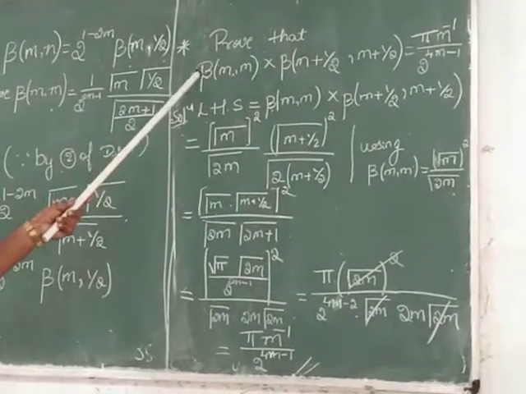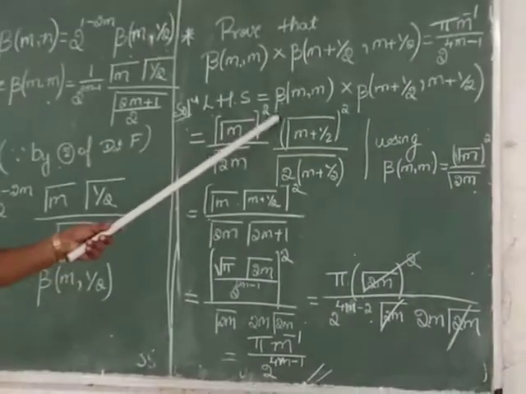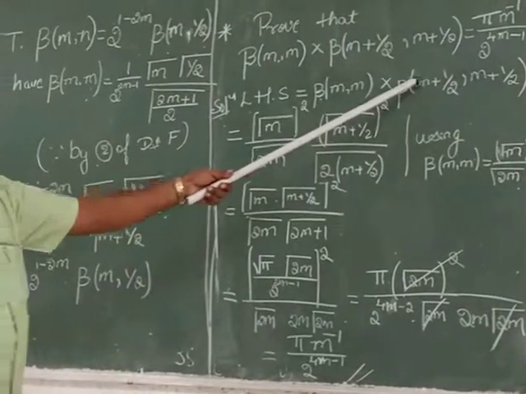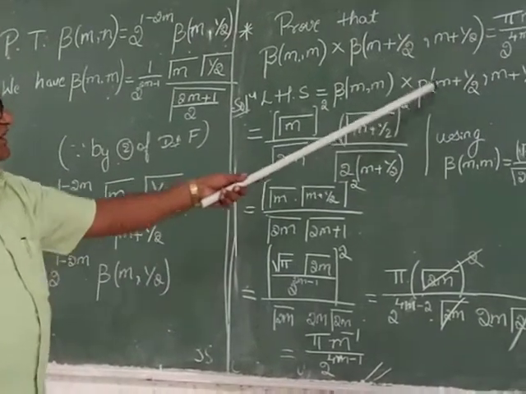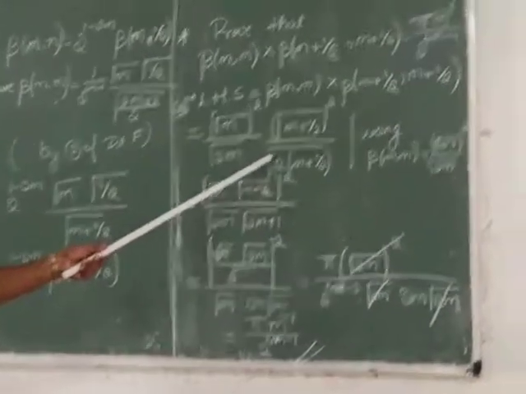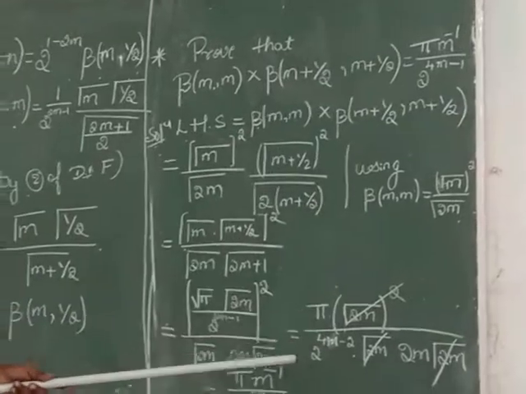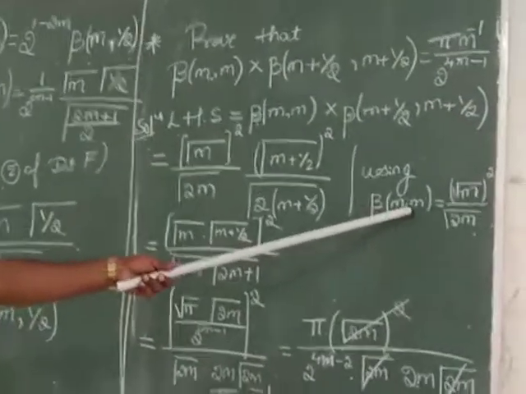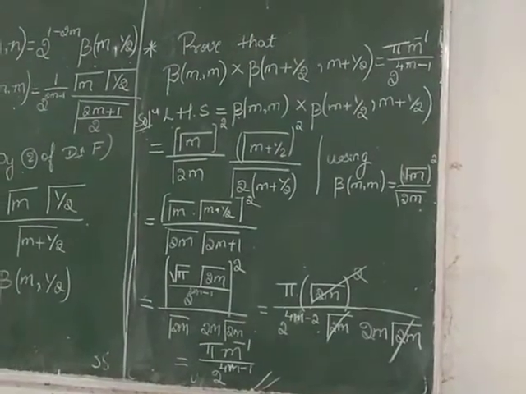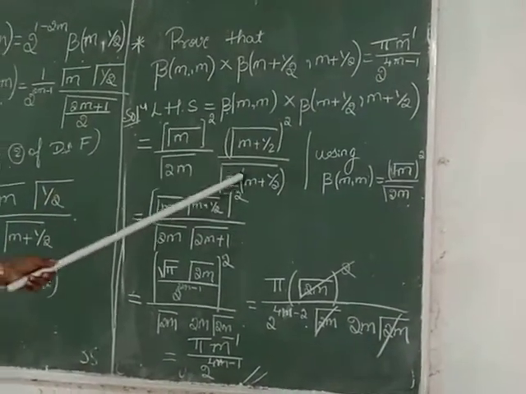By this result, beta(m, m) is gamma m whole square divided by gamma 2m, into gamma of m plus half whole square divided by gamma 2 times m plus half, because beta(m, m) is gamma m whole square divided by gamma 2m. Using those two results, we can have this.